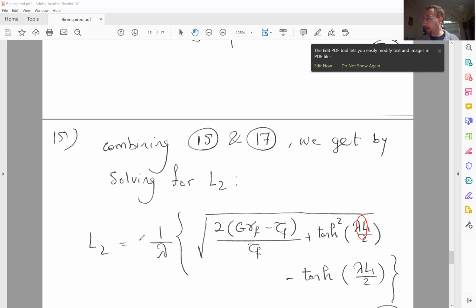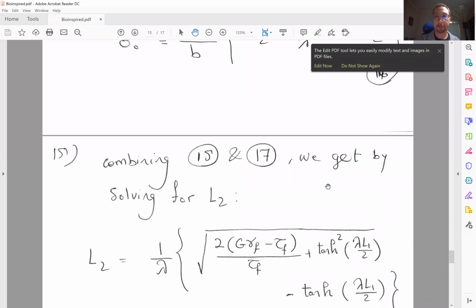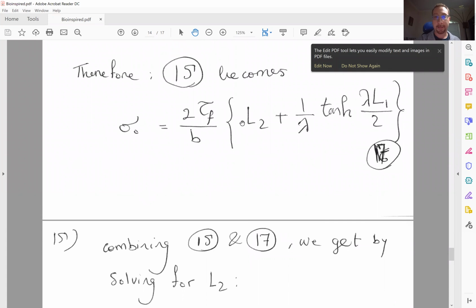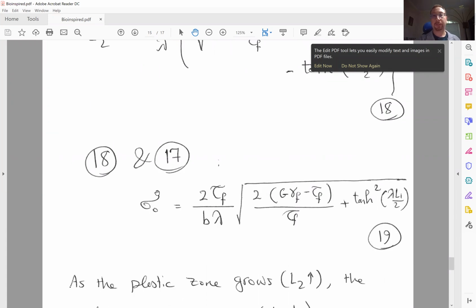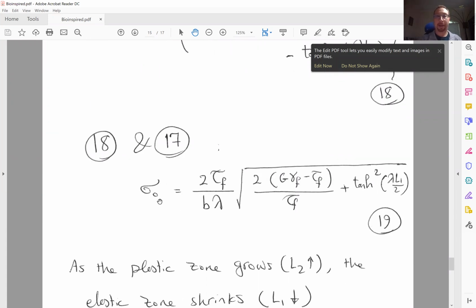At the same time, I can combine this equation with the integral equation, and that allows me to calculate the load-bearing capacity as a function of the length of the elastic region.